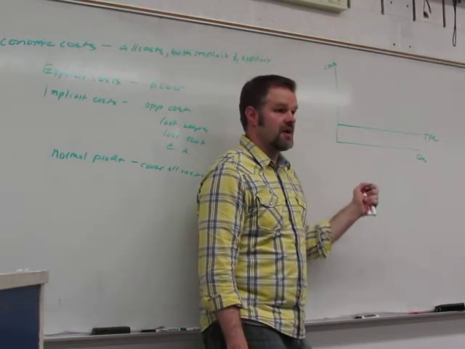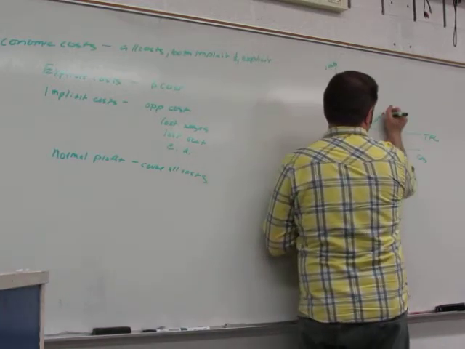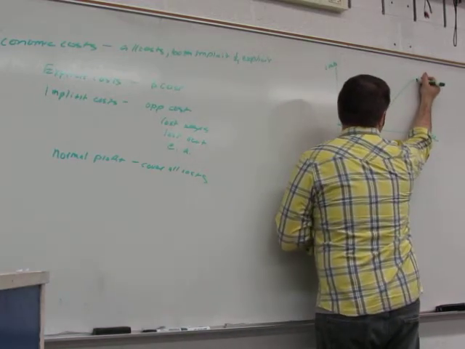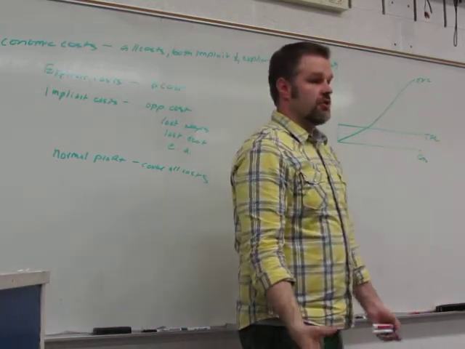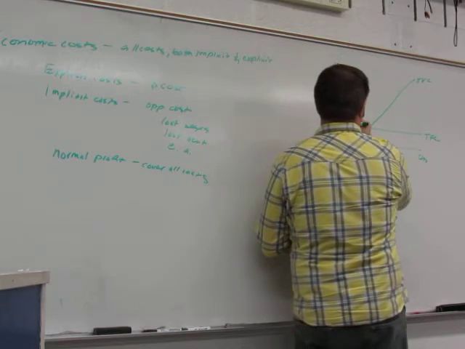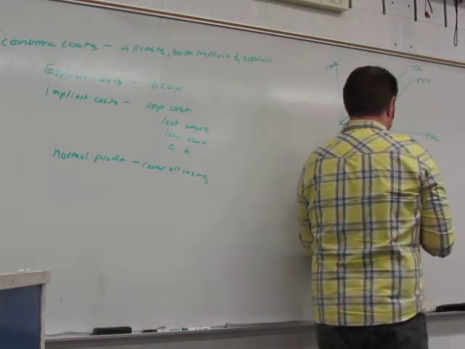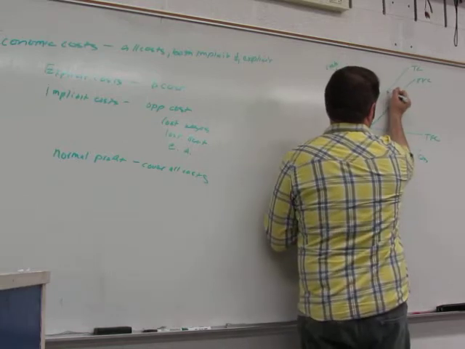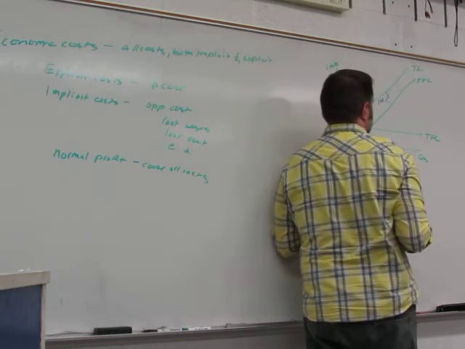All right? Your variable costs depend on how much you produce. So they start at 0, and then they go up. And then the total cost is the combination of the two. And the distance between them is your total fixed cost.